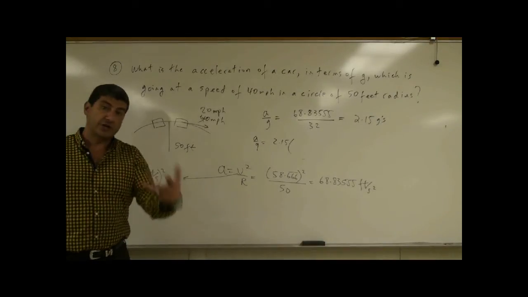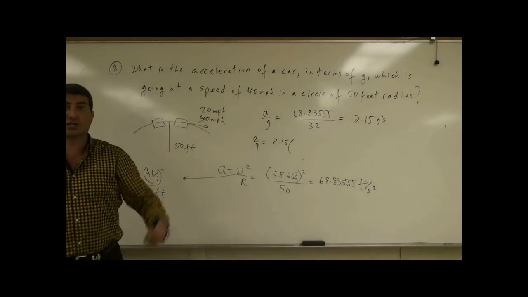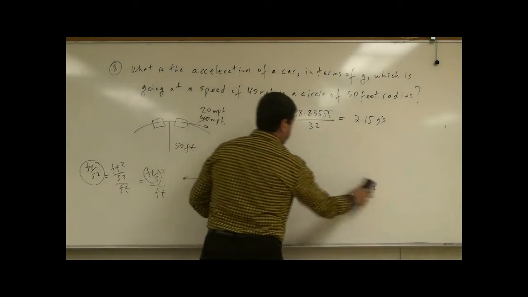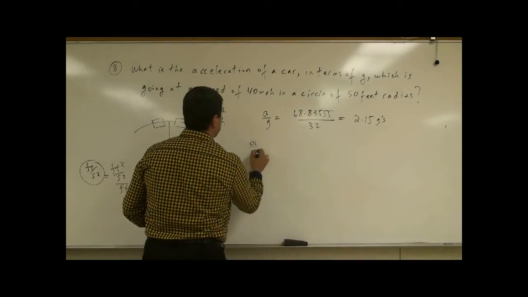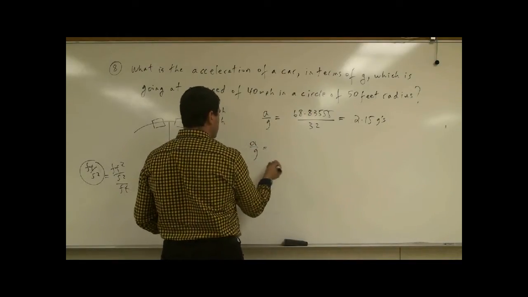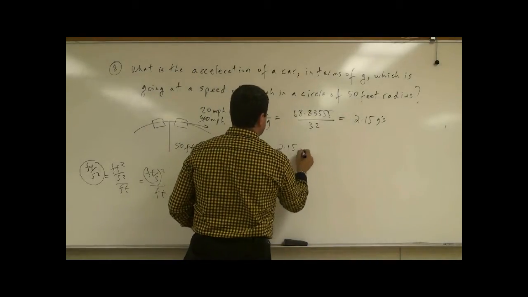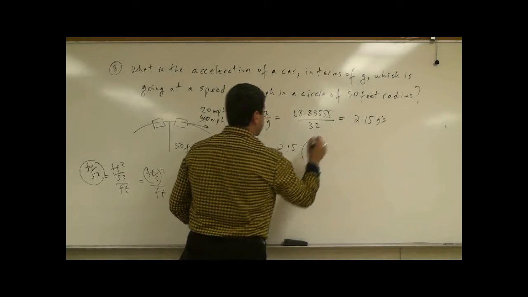So the new ratio of A to G is going to be my old ratio, 2.15, times 1/2 squared.